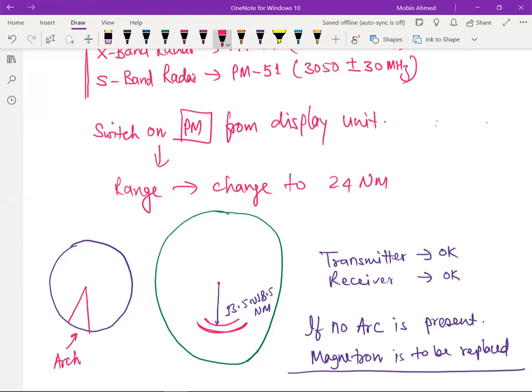Between the two radius, it is known as an arc. Okay. Not H. It is ARC. Arc. This is the arc. Is it okay? You understood what is arc? There is a circle, and between these two radius, this is known as an arc.